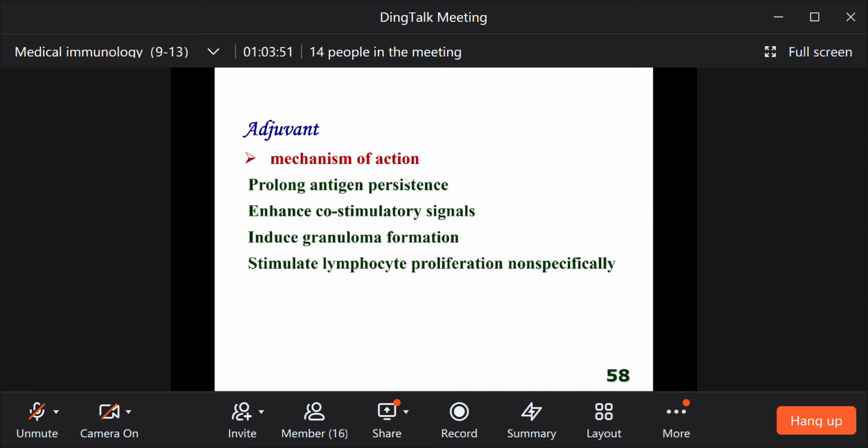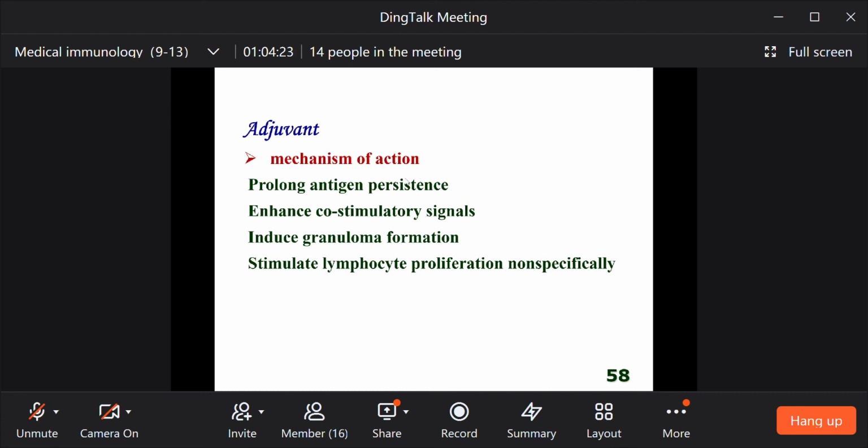So the mission of the adjuvant is to prolong the antigen's presence and enhance stimulatory signals, induce granuloma formation, and stimulate lymphocyte proliferation, non-specifically.